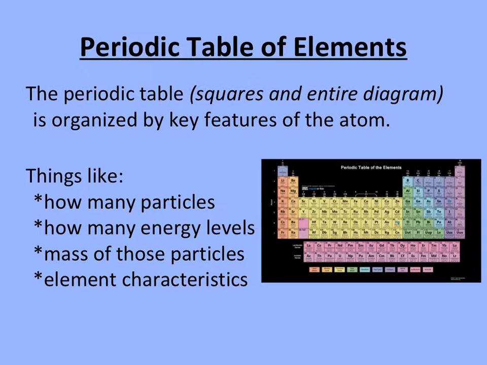So here we go. The periodic table of elements. I know you've seen this diagram before, but what we're seeing here is a lot of information about each element as well as about the specific atom of that element.